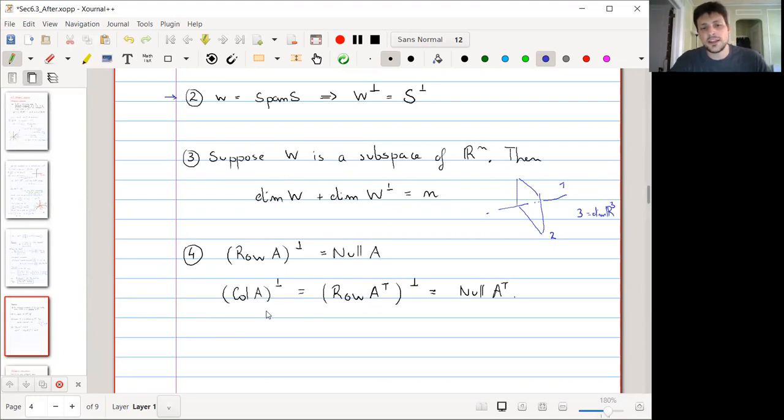So if I take the orthogonal complement of the column space of A, that's the same as taking the orthogonal complement of the row space of A transpose, which is the null space of A transpose. So this we showed above, and this is a simple consequence of it by remembering that the column space of A is equal to the row space of A transpose, and conversely.